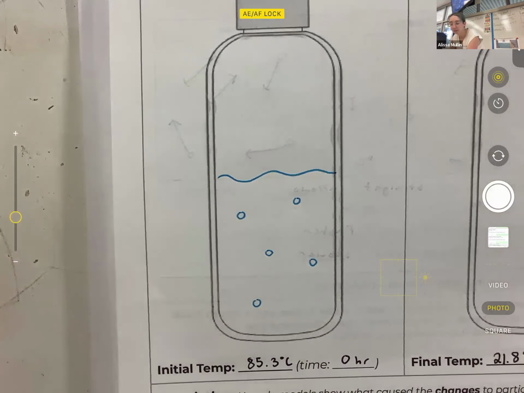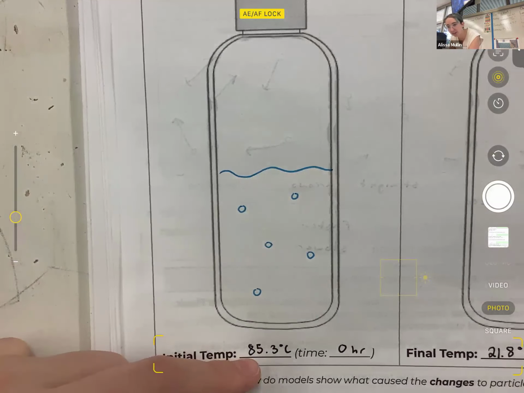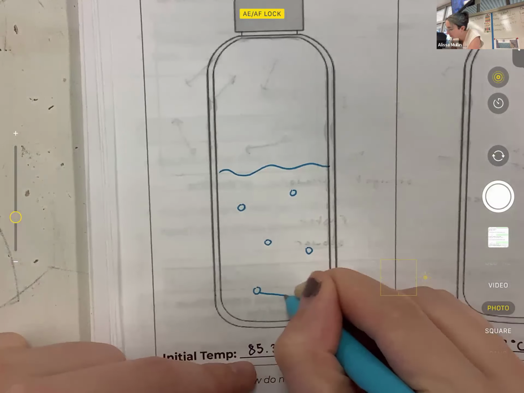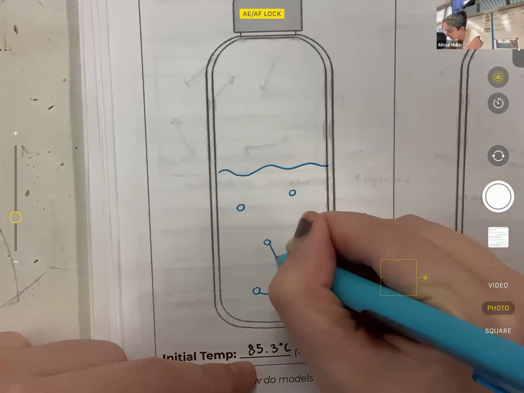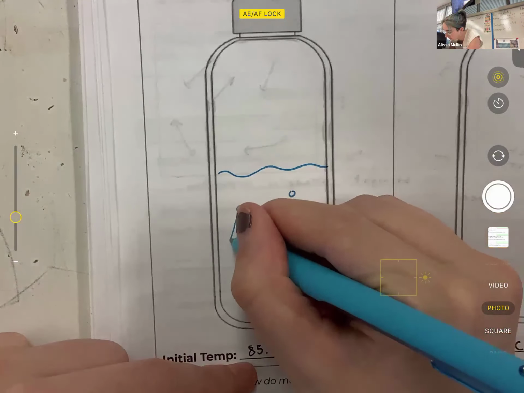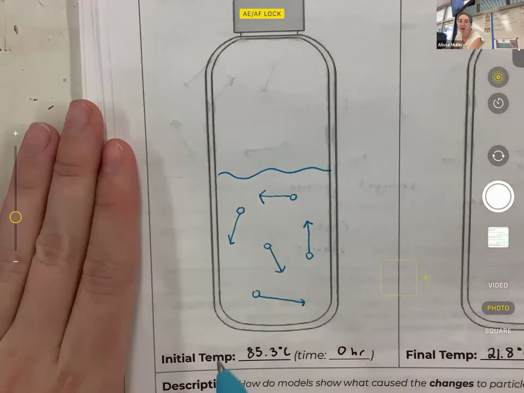And remember, this is our initial, pretty hot water, right? So think back to what we just did. If I want to show that these are hot molecules, I want to show that they have lots of motion. So we're going to see something like this. Long arrows to represent that these are hot molecules.